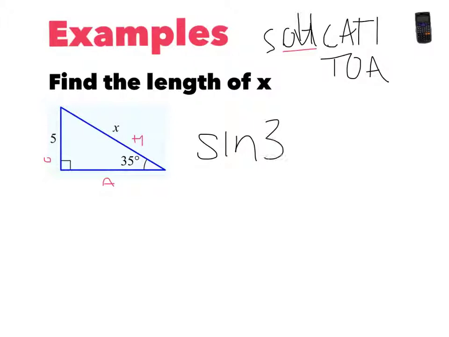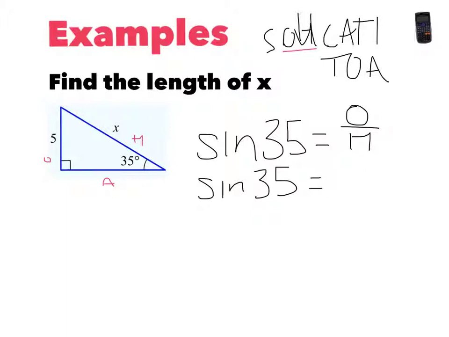Sine 35 is equal to my opposite over my hypotenuse. The sine of 35 is equal to 5 on x.